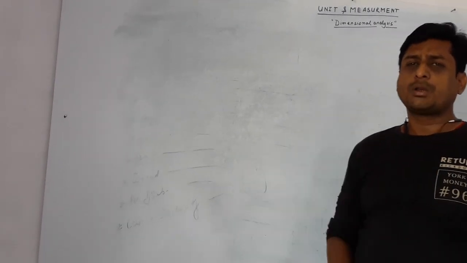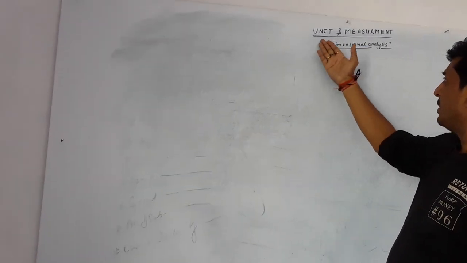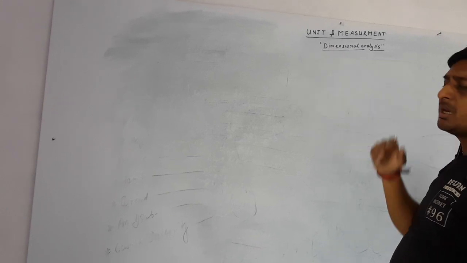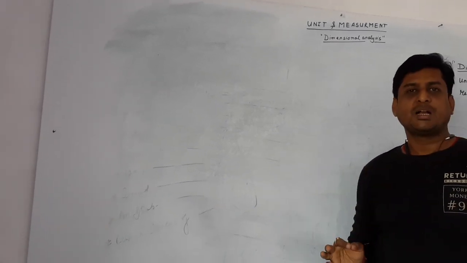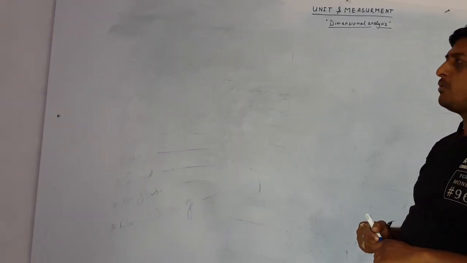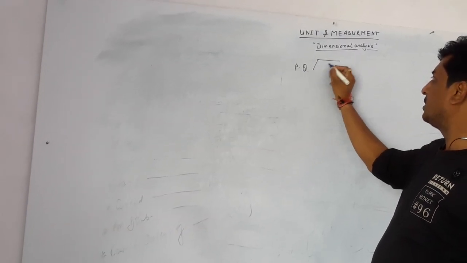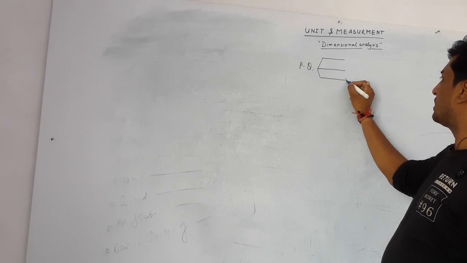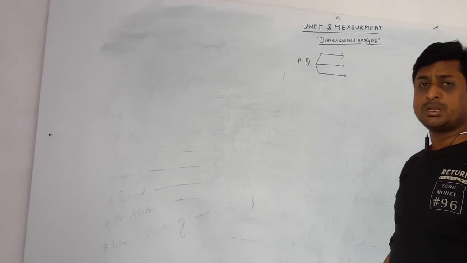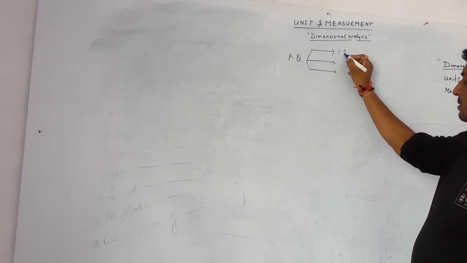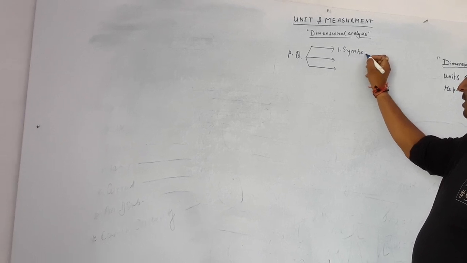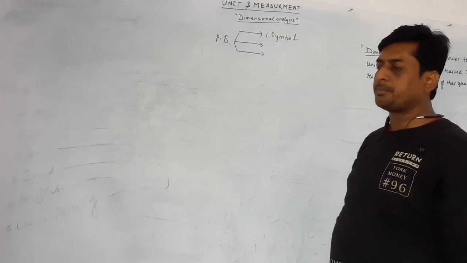Now, today I am going to tell you about the second part of units and measurement, that is dimensional analysis. Before starting this topic, one thing I want to share with you: for a physical quantity, always three things are associated. What are those three things? The first thing, every physical quantity must possess some symbol.